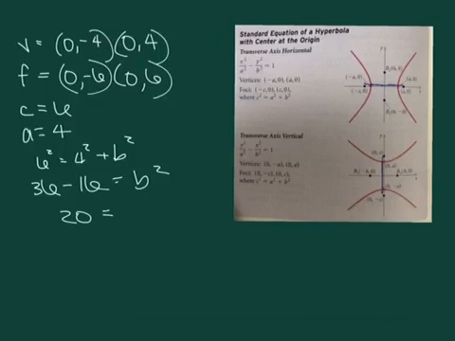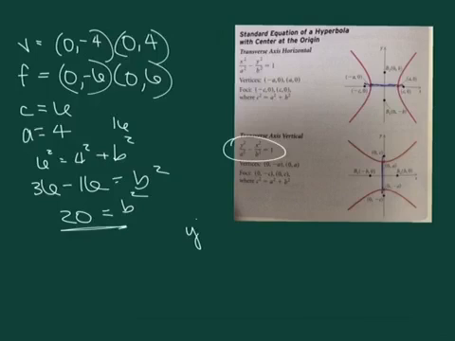So 20 equals b², or b equals 2 square root of 5. But we never have to find b because it's asking what b² is. So b² is 20. What is a²? a² is 16. And we don't care what c is because there isn't anything but a and b there.